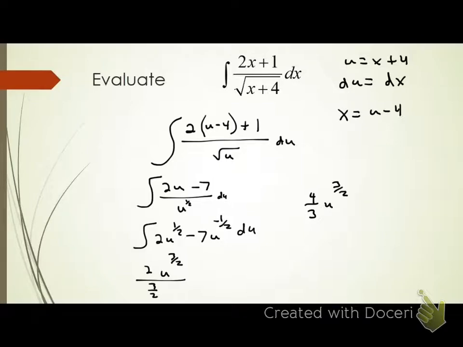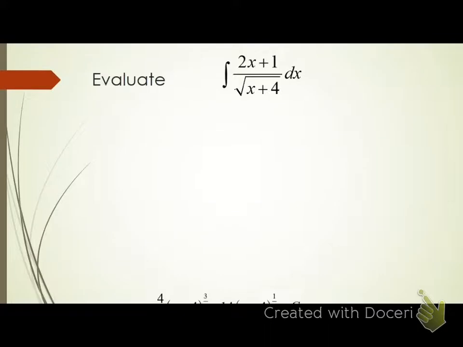All right. Negative 1/2 plus 1 would be 1/2, so that's minus 7 over 1/2 u to the 1/2, which becomes minus 14 u to the 1/2 plus c. And then we're going to go back in and replace u with x plus 4. So if I did it right, I did. I know I did.